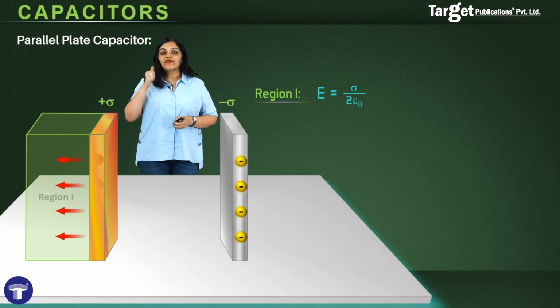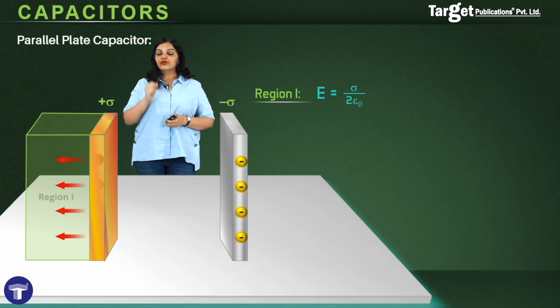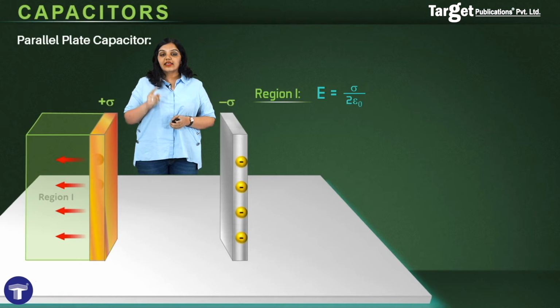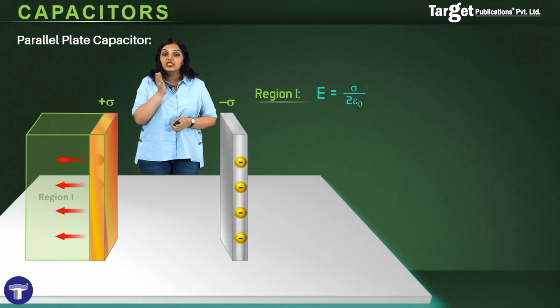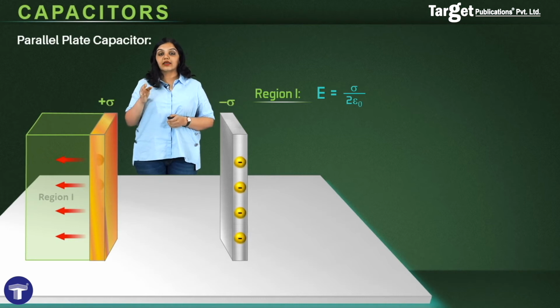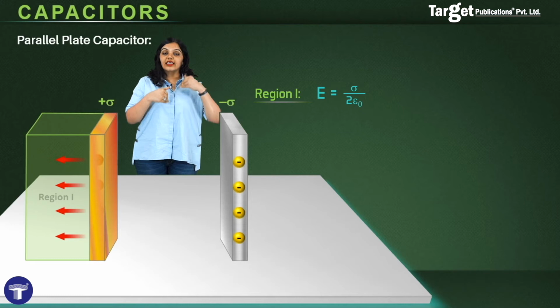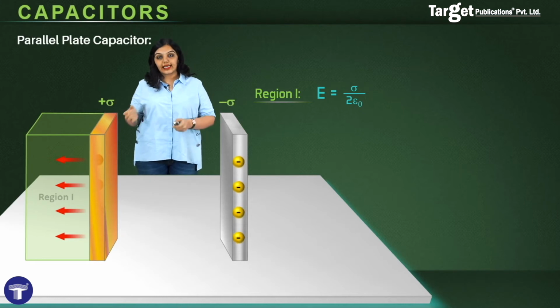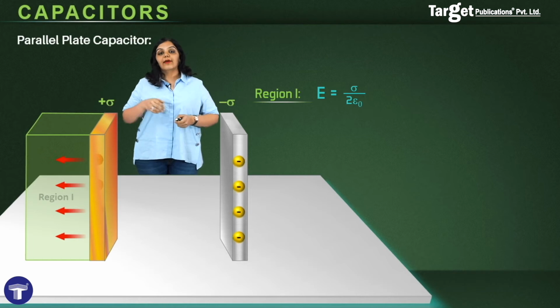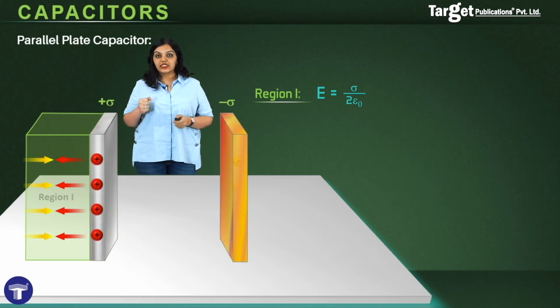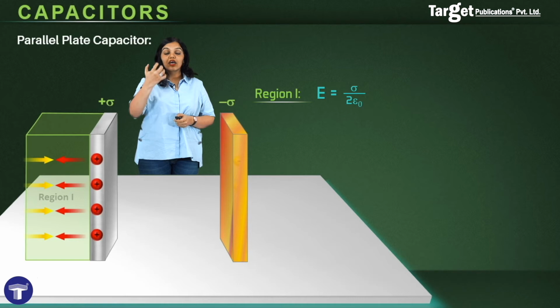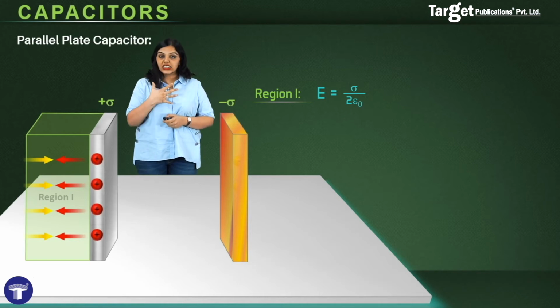So I use the formula from electrostatics for electric field due to an infinite plane, and therefore I say that the effect of the electric field generated in region 1 due to the positive plate is sigma upon 2 epsilon naught. Similarly, in region 1, the electric field will also be generated due to the negative plate, right? So the negative plate electric field is also reaching region 1, but this time it will be in the opposite direction, because we know electric field lines on a negative charge are always towards the negative charge.